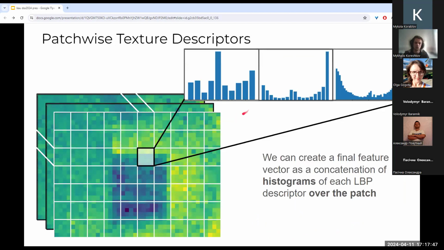Then we can combine these histograms into one very long feature vector. It turns out these feature vectors that consist of concatenated histograms are really great at detecting different textures. And this is the typical pipeline that we developed.